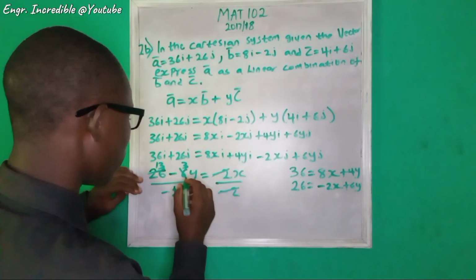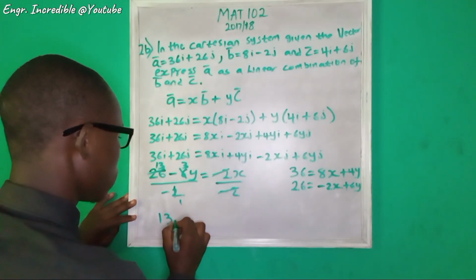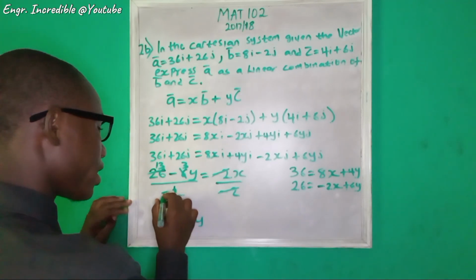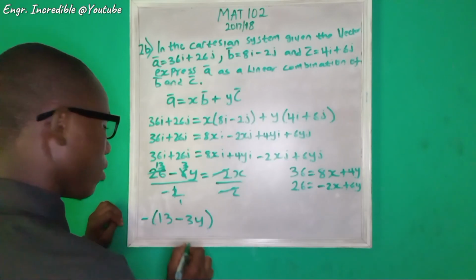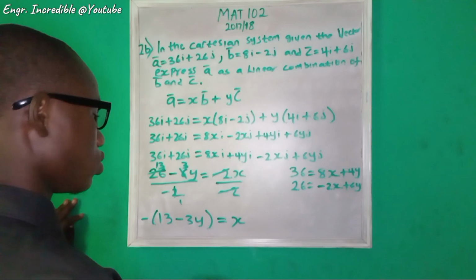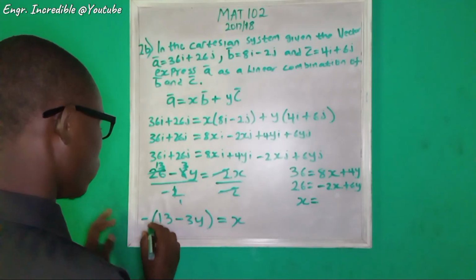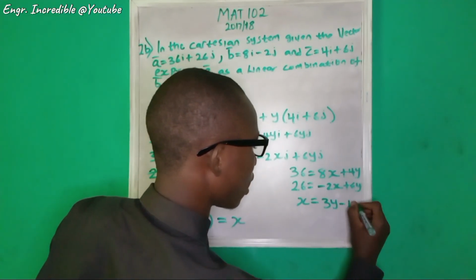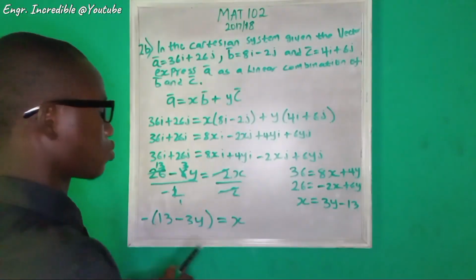So here we have a final of 13 minus 3y, all in bracket. This minus here is going to come up, so we have our bracket here, we put our minus, equals our x here. So therefore our x equals 3y minus 13. So this is the third equation that I was talking about.